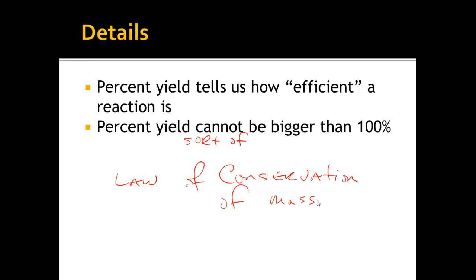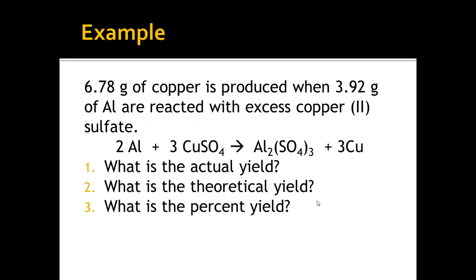Okay, the mass you start with is the mass you have to end with. So theoretically, you can't end with more than what you started with. We can't create matter. It's always conserved. In reality, you do on occasion see percent yields of greater than 100% because sometimes people made an accident. There's contamination and they actually accidentally put extra in there. Okay, so it can happen, but theoretically not so much.